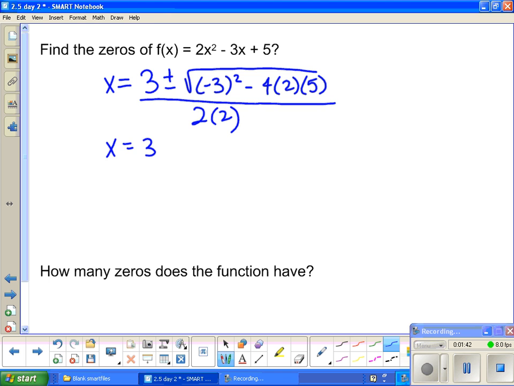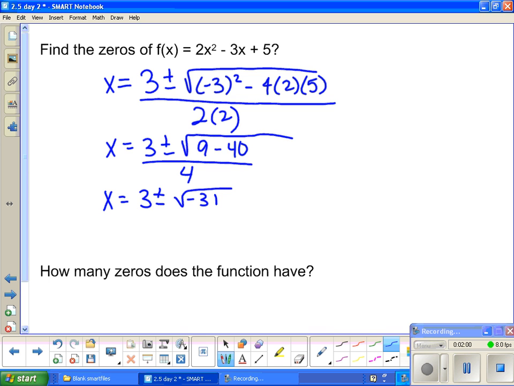x equals 3 plus or minus square root 9 minus 4 times 2 is 8 times 5 is 40, over 2 times 2, 4. x equals 3 plus or minus square root negative 31 over 4, which, because that's now a negative root, I'm going to pull that out as an i.